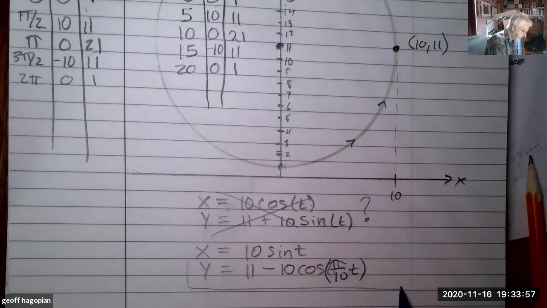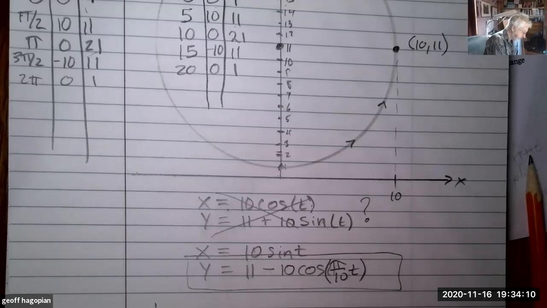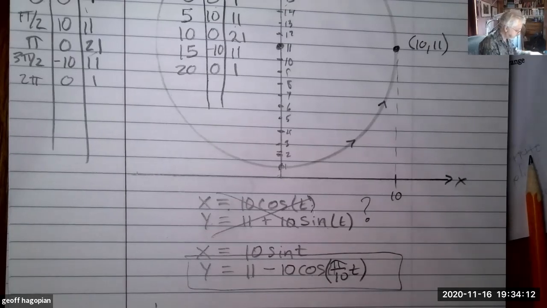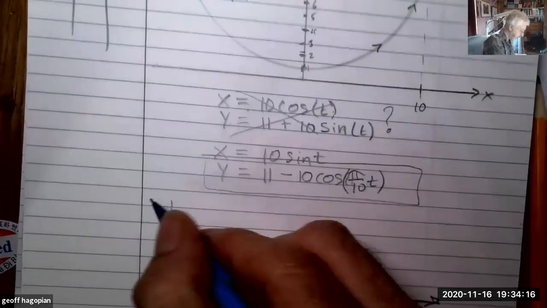That'll give the height above the ground at time t. This gives your horizontal position as well, but they didn't ask for that, right? They just asked for the height. And so our line of equilibrium is 11. And so if we were to plot this horizontally, let's do that quickly here. I'm just doing a rough sketch. Why is it? Oh, I see the cord is a little short.